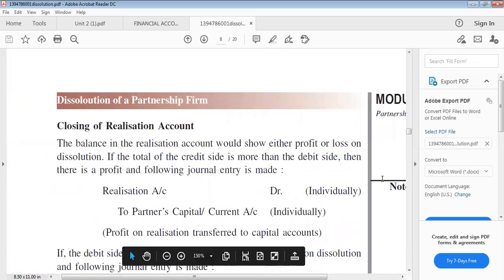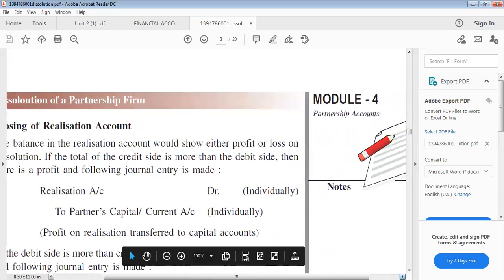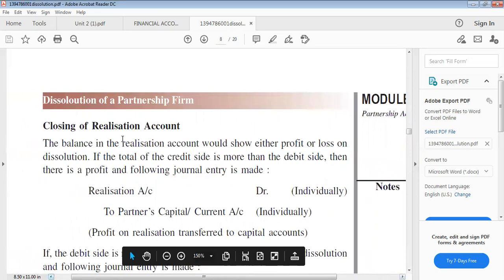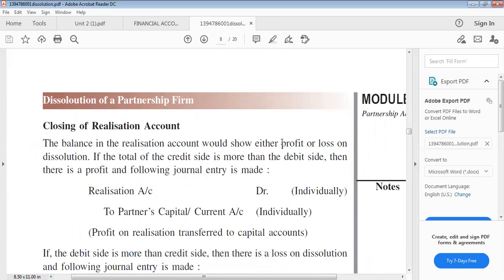And then closing of realization account now. The balance in the realization account would show either profit or loss on dissolution.